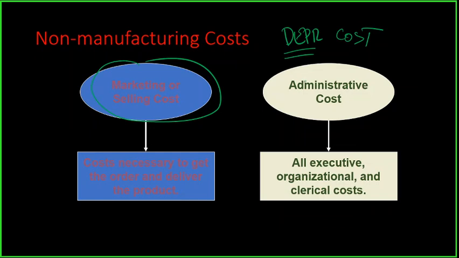No. Therefore, it is a manufacturing overhead cost. But if we are talking about the depreciation of, let's say, an office equipment, then that is part of administrative cost. What about the depreciation of a delivery equipment? Then that will be part of your marketing or selling costs.